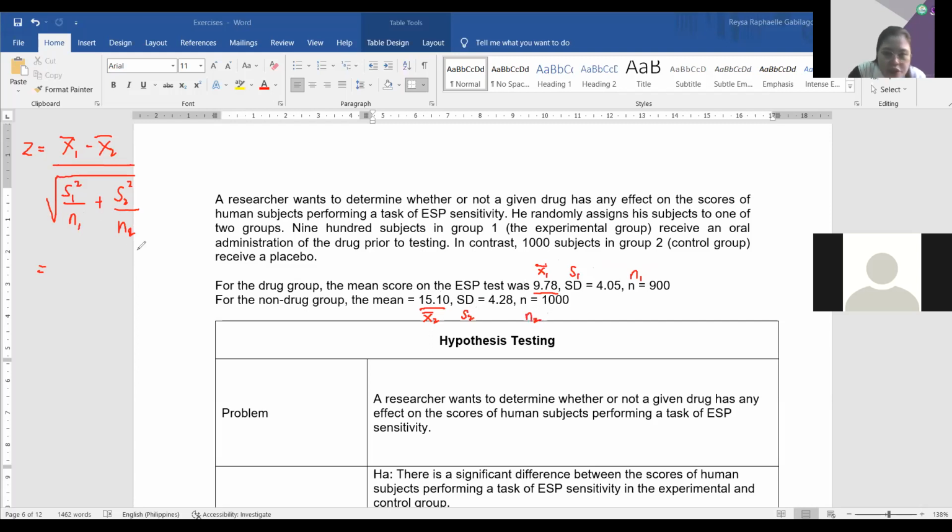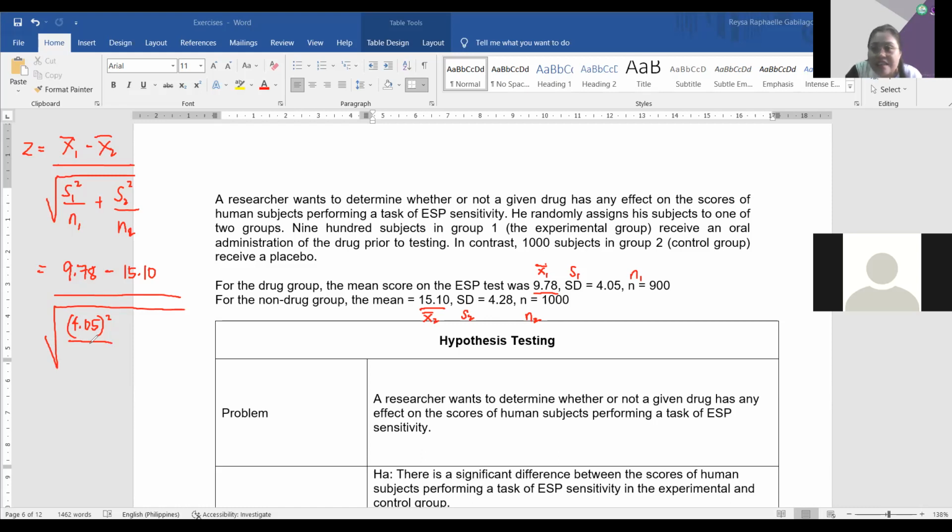1,000 siya. So, X1 is 9.78 minus the X2, 15.10. Divided by the square root, the S1 is 4.05. Remember that the given is standard deviation, so you need to get the square of this first. Kasi hindi siya variance, standard deviation siya, so kailangan nating mag-square.